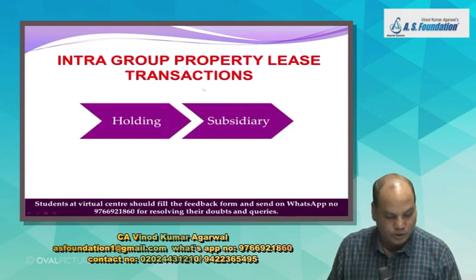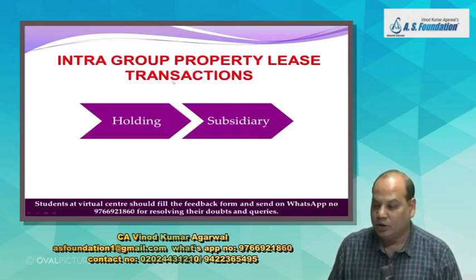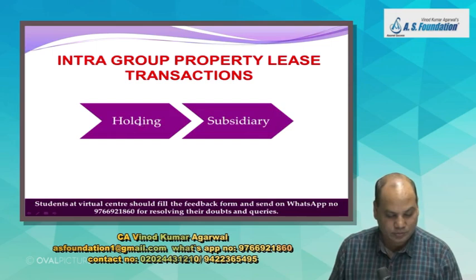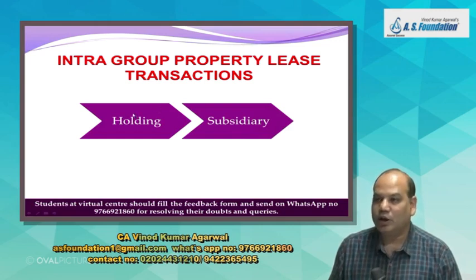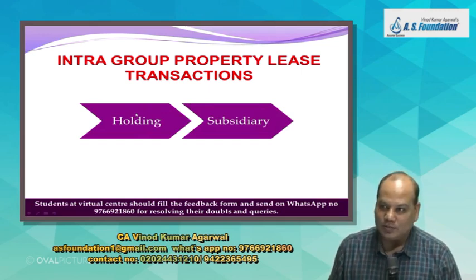Okay, dear student, come to next paragraph. Intra-group property lease transaction. Very interesting again. Suppose there is a parent company or holding company and it gives an asset on lease to a subsidiary. So how will the accounting be done in the individual financial statement and in the consolidated financial statement?